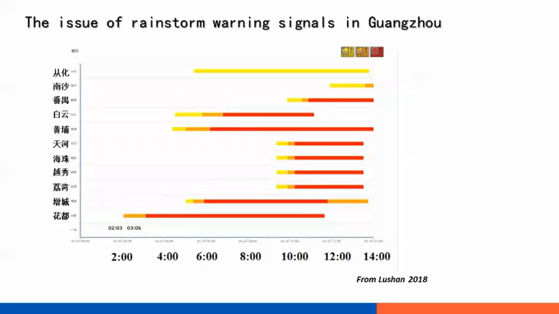So we need real observations. These are the rainstorm warning signals issued in Guangzhou at 2 o'clock in the morning. We see that heavy rain was observed at the stations. So, combined with the high resolution numerical prediction starting from 2 o'clock CST, which may be delivered with a delay of 1 hour, at 3 o'clock we can have confidence that there is a high possibility of heavy rainfall in Guangzhou.